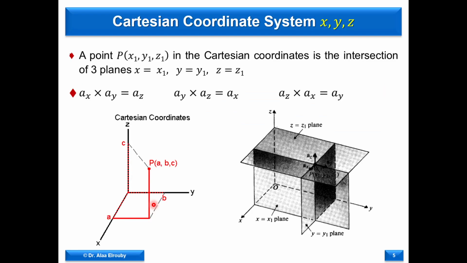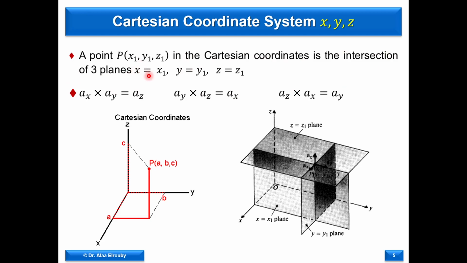Okay, so the Cartesian coordinate system, we describe a point in x and y and z as the intersection between three planes. So if a point is at x1, y1, z1, these are the coordinates. The meaning of the Cartesian coordinate system is that this point is the intersection between three planes.